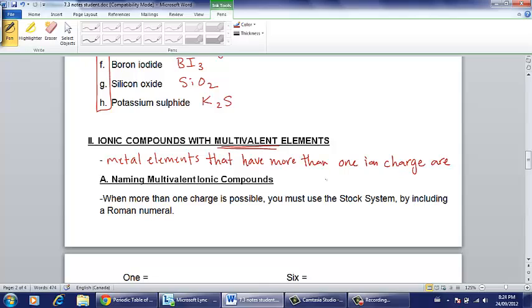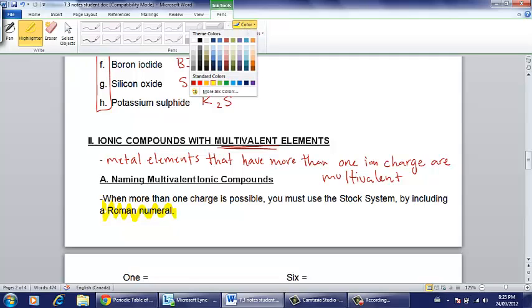When more than one charge is possible, you have to indicate which charge is being used. And we do this using a Roman numeral.